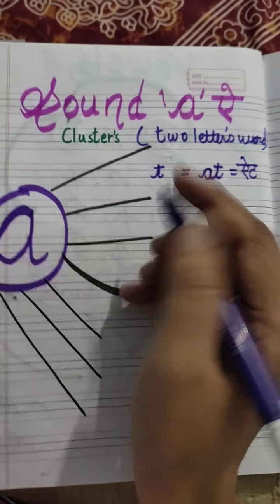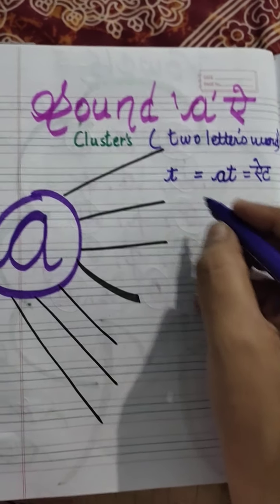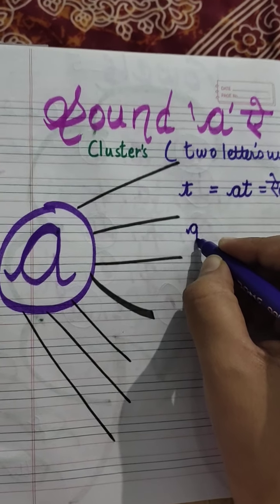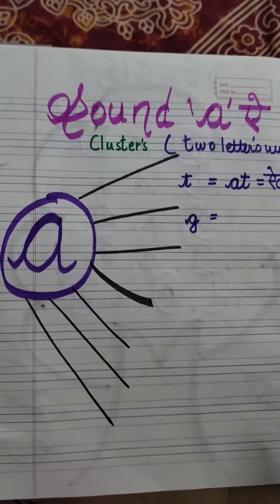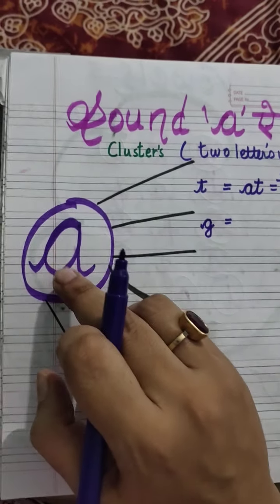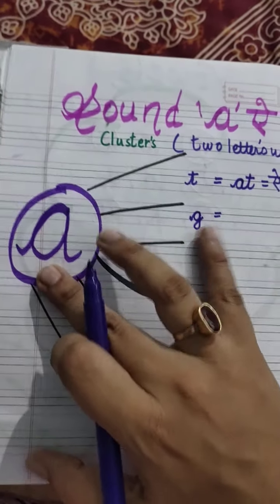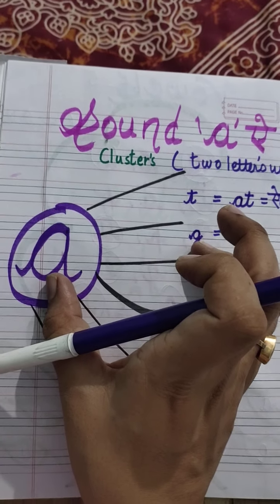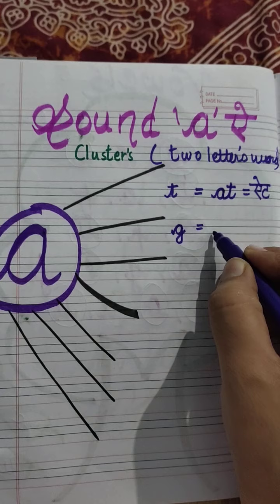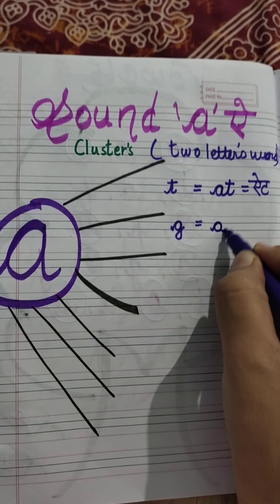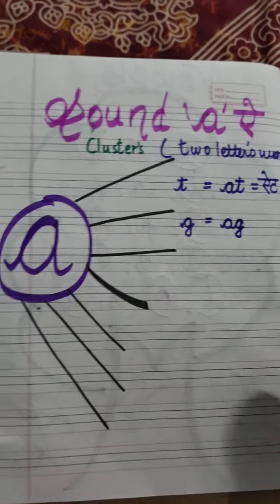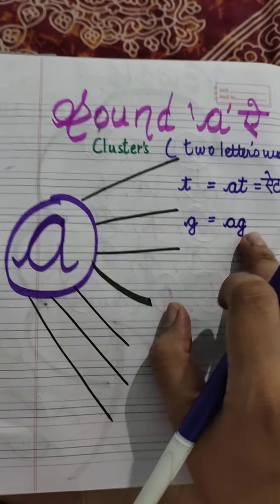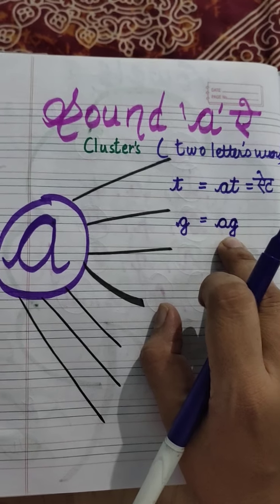Okay, now we will take the next consonant G. We have to add these two letters. This will become A G. Okay, so now this is called our cluster.